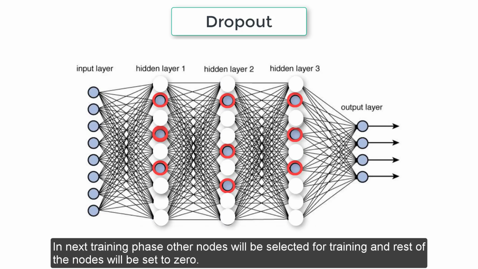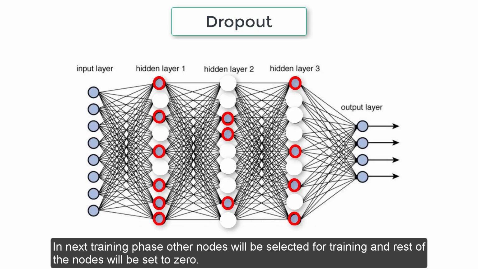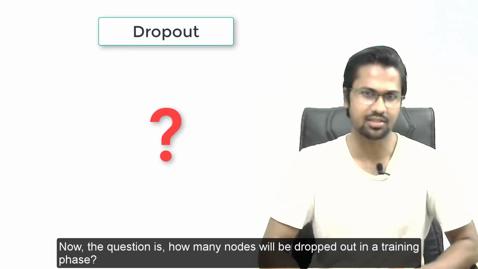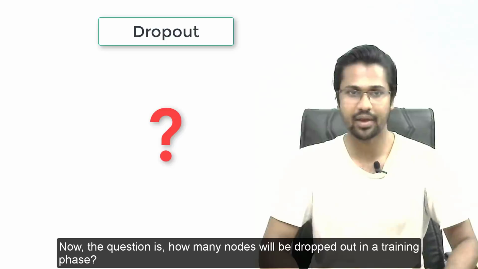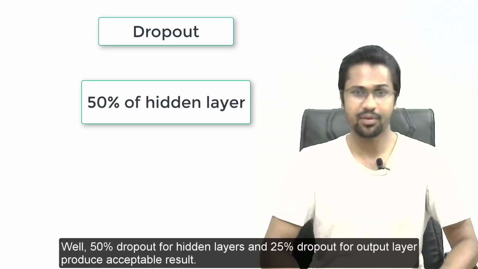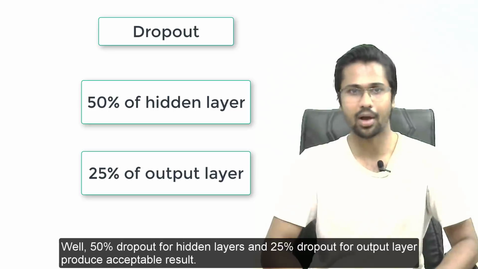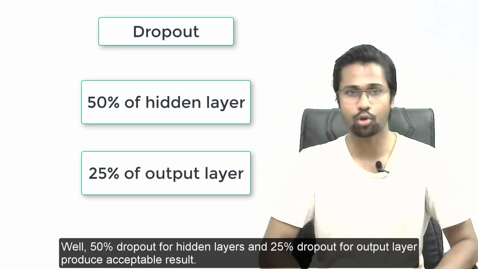In next training phase, other nodes will be selected for training and rest of the nodes will be set to 0. Now the question is, how many nodes will be dropped out in a training phase? Well, 50% dropout for hidden layers and 25% dropout for output layer produce acceptable result.